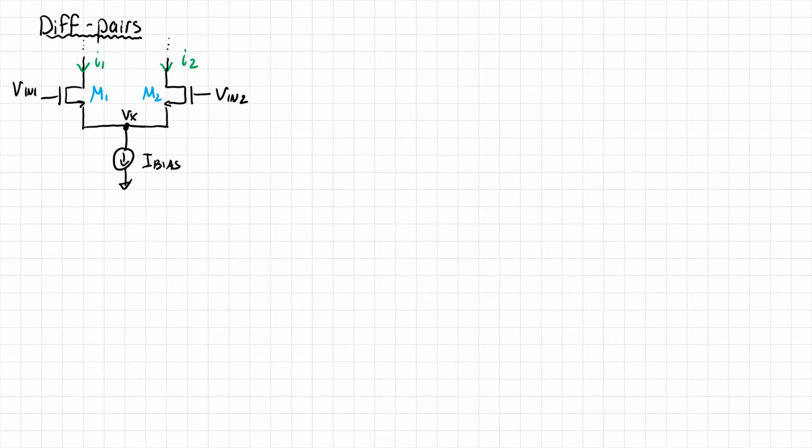Okay, so what we're going to say here is that if I bias is small, and I guess it depends on the size of transistors M1 and M2, but we can say that, at least for the purposes of this analysis, M1 and M2 are in subthreshold.